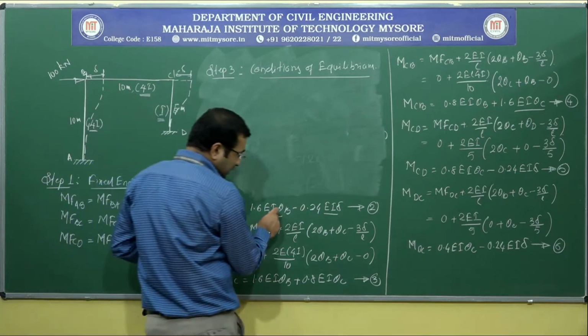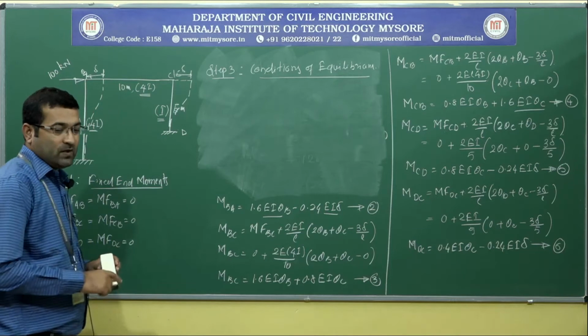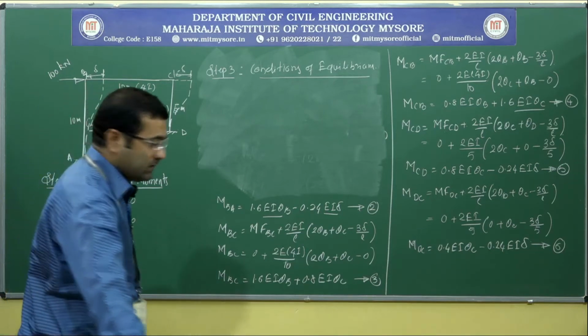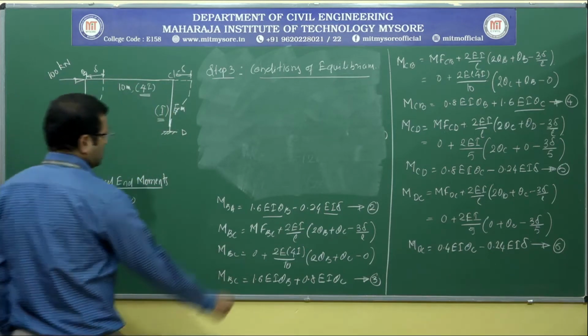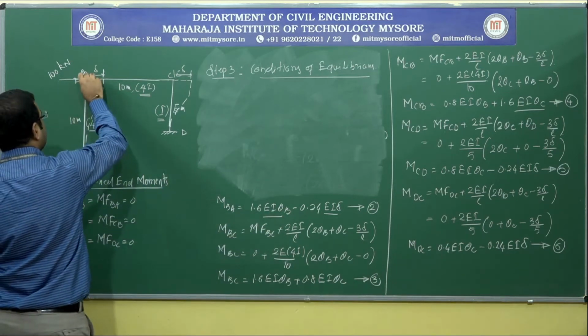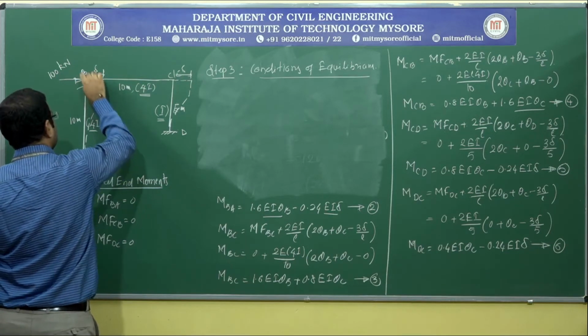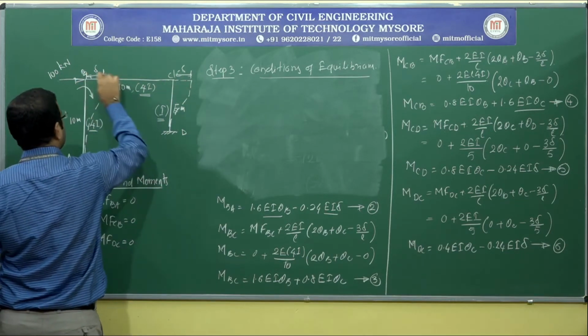As one of the unknown is theta B, it means we need to write the one equilibrium condition with respect to the joint B. If I see the joint B, I can see that at B joint we have 2 members. One is BA and another one is BC.